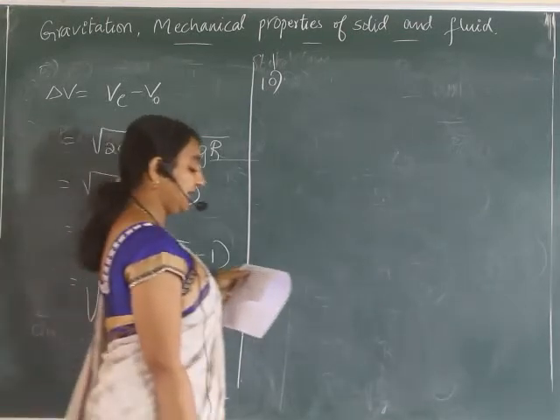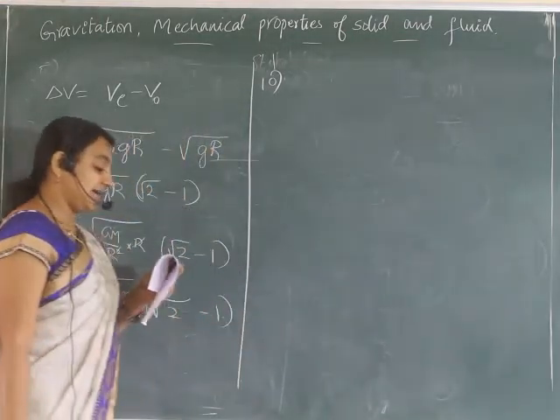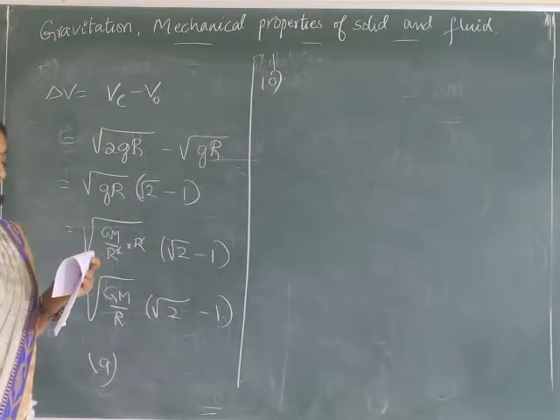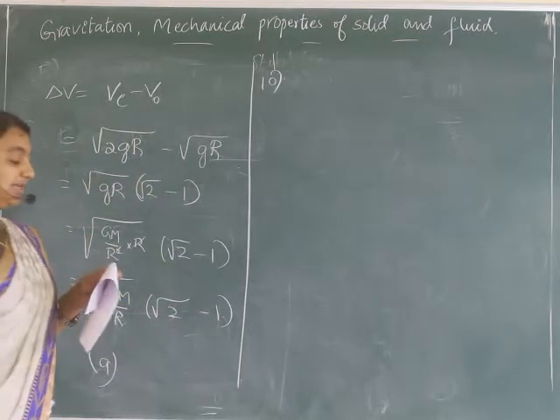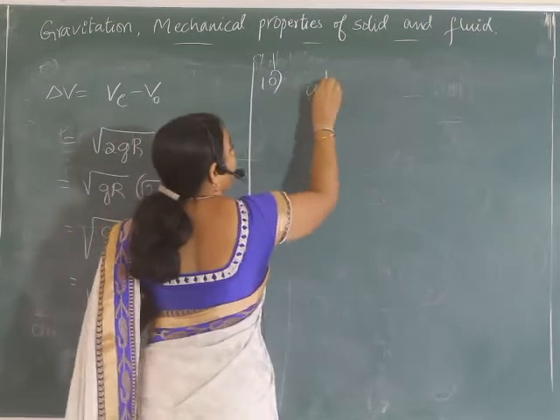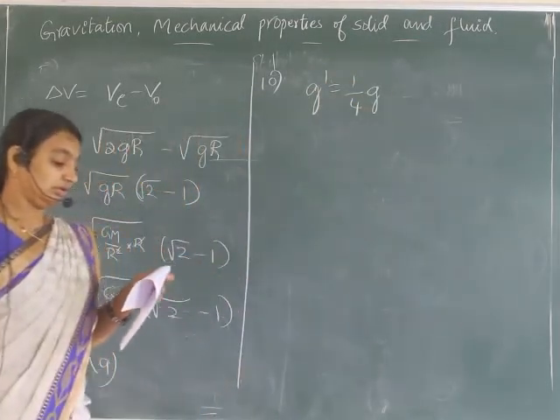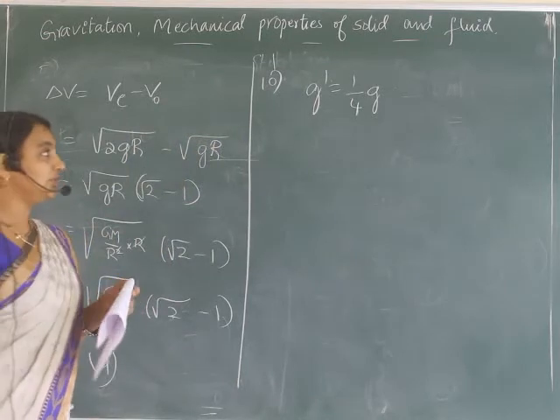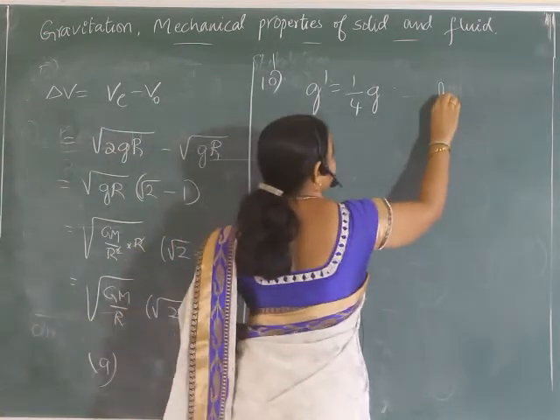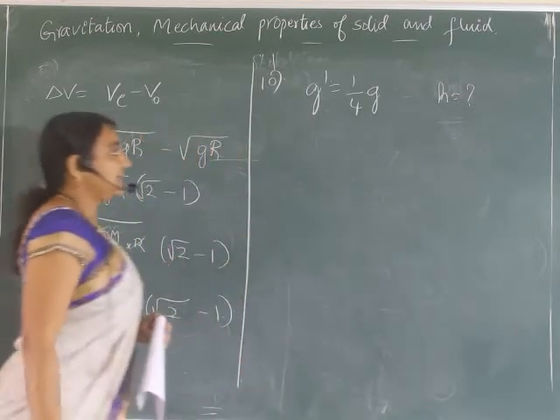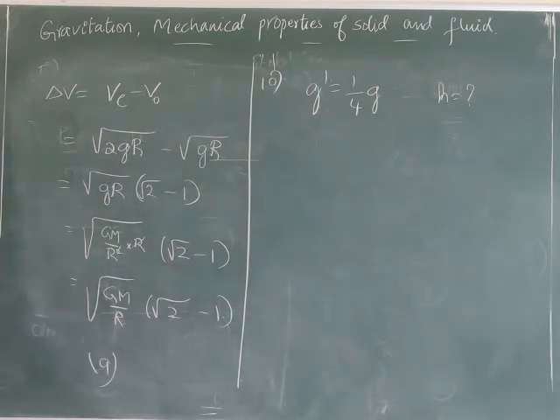At what height you have to find out, correct? The acceleration due to gravity is 1/4 of the acceleration due to gravity of the Earth. So you have to calculate h. What is the expression we can use here to solve?